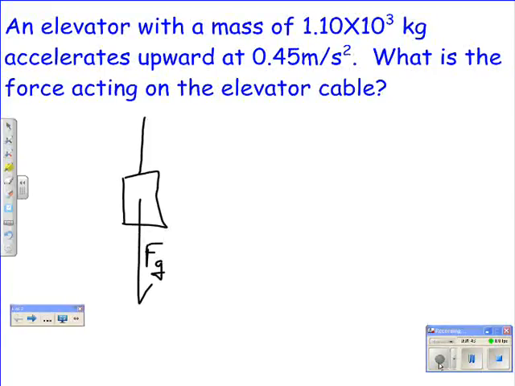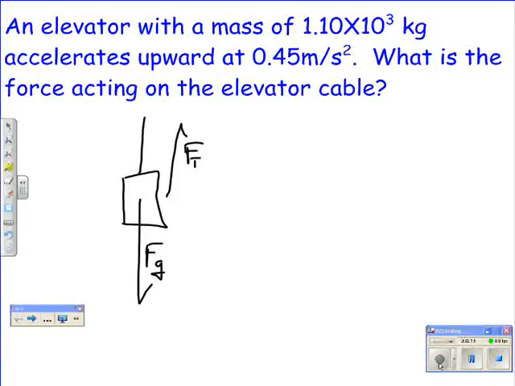Now, if the elevator weren't doing anything else, what other force has to be acting on it? The cable. The cable has to be pulling up on it, right? If the cable doesn't pull up on it, the elevator falls. So there has to be an upward force, the tension in the cable.